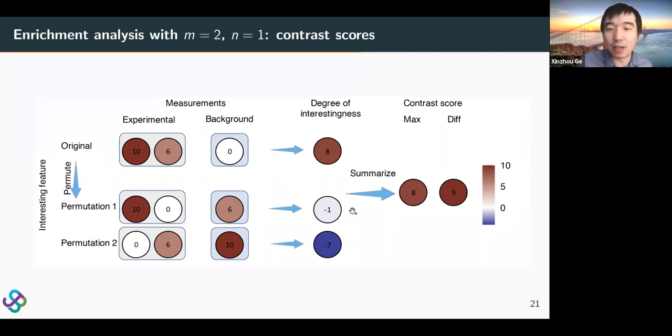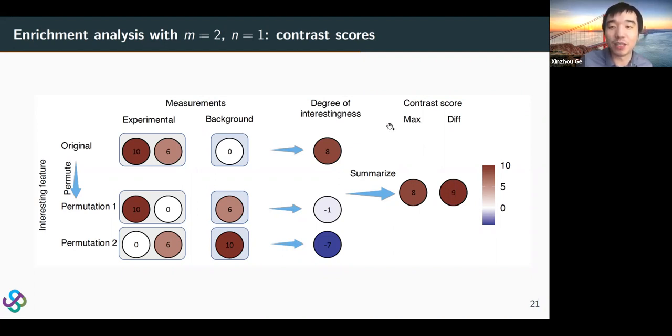And finally, we will summarize these degrees of interestingness into contrast scores for each feature. We will still have maximum contrast scores and difference contrast scores.